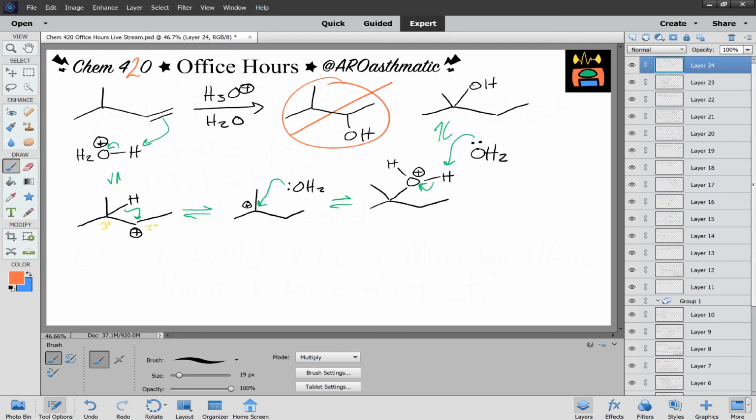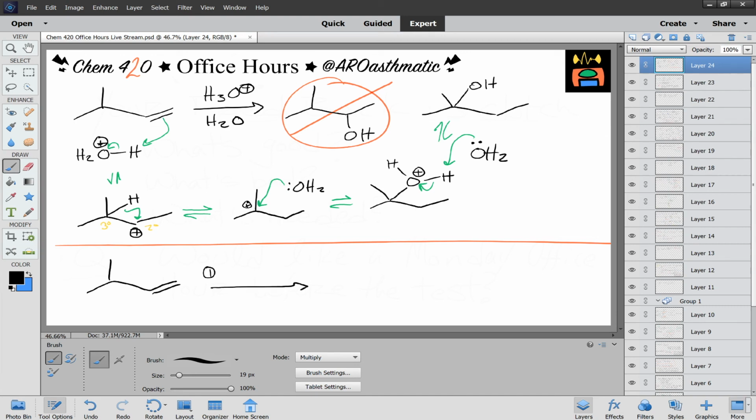However, that being said, if you do oxymercuration on this substrate, so again, conditions mercury 2 acetate, water, THF, and then step 2, we have sodium borohydride and sodium hydroxide.